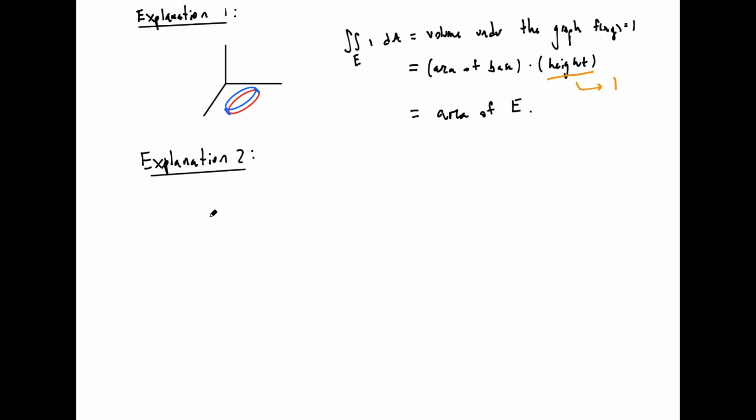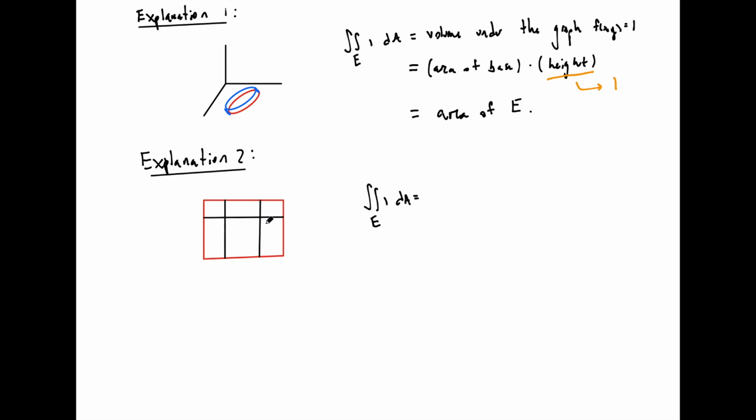We can also think about this a little more directly using the definition of a double integral as a Riemann sum. To do this, let's pretend that our region is a rectangle. The Riemann sum definition of this integral would say, chop up this rectangle into smaller subrectangles, however you want to do that.